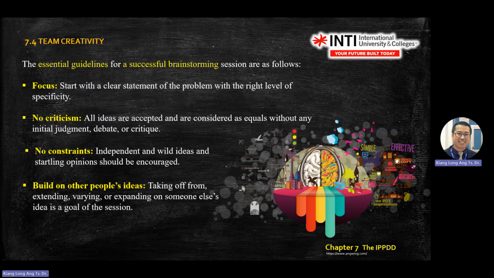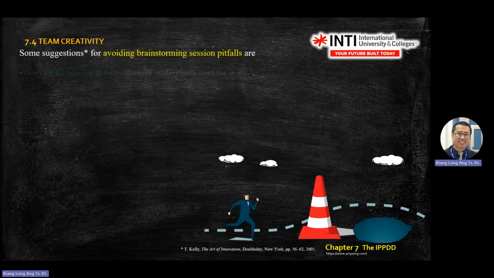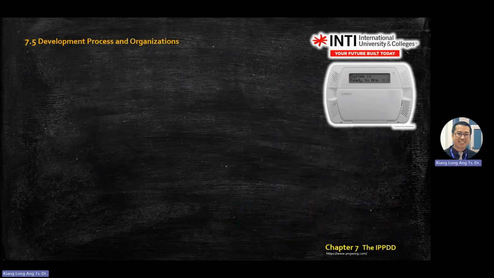This is add-on information or a reminder when you manage your projects, especially your walk along glider. I think you already passed the brainstorming process, right? So during brainstorming or when you have a good discussion for new ideas, just focus, no criticizing, no constraint, and then you improve on other people's ideas.